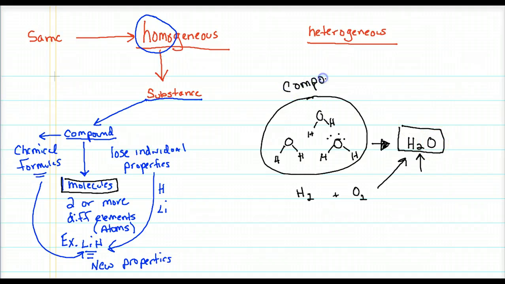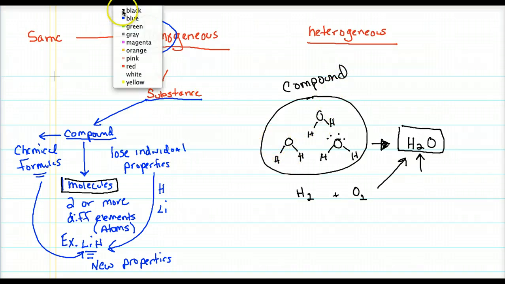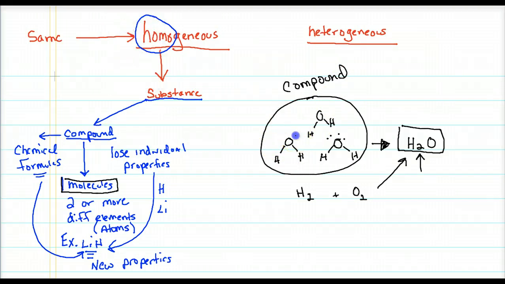What makes a compound homogeneous? Well, look very carefully. What does it have? It has the same molecules. And because of their arrangement and losing their properties to gain new ones, we have individual properties. So that's how a compound works.